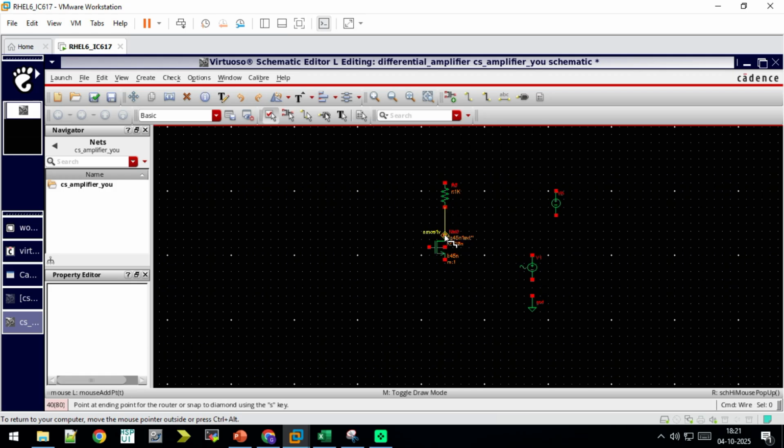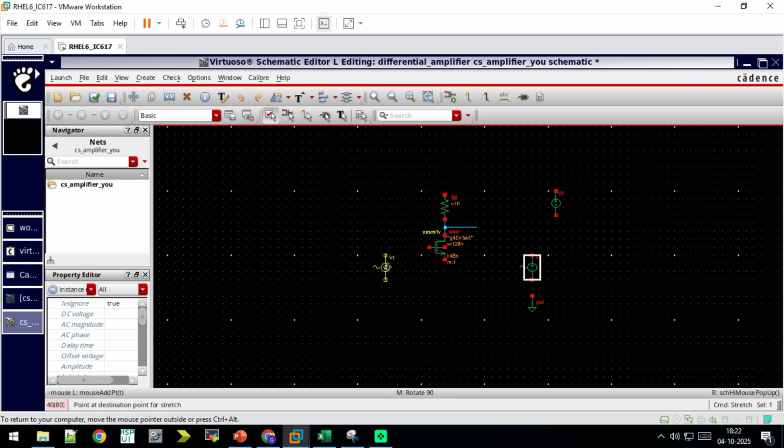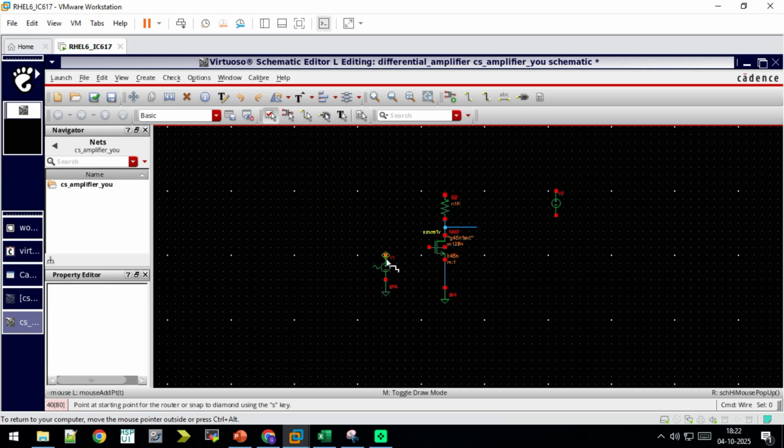Let me do the connections. Source is common, and input is applied at the gate terminal.